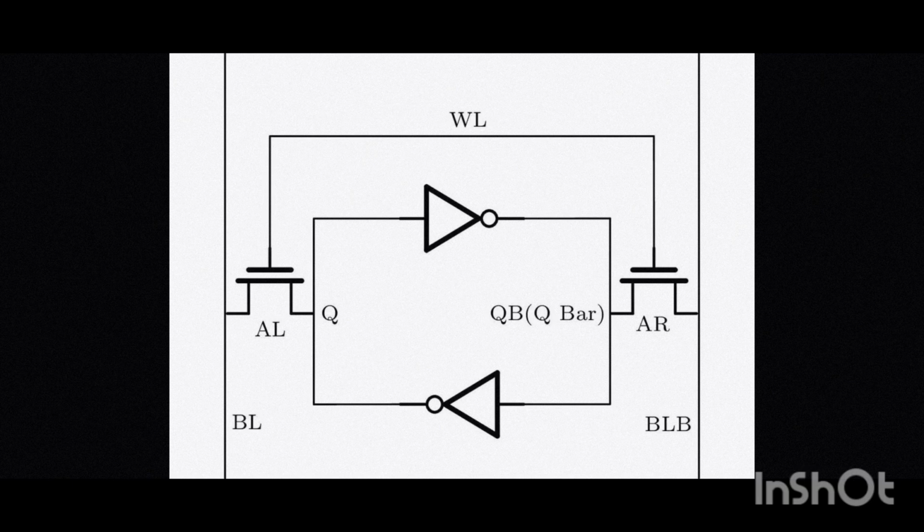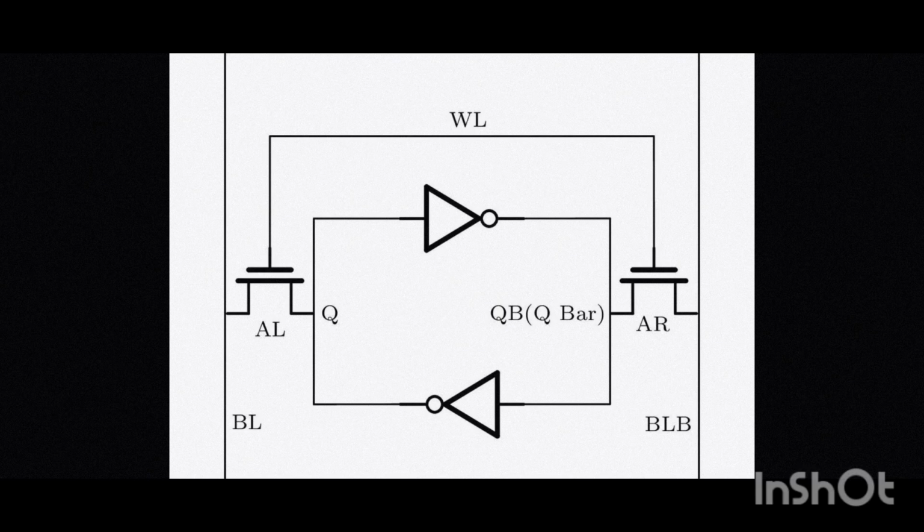The bistable behavior is what makes SRAM static, unlike DRAM which relies on charge stored in a capacitor. Here the SRAM stores information using the stable feedback mechanism.